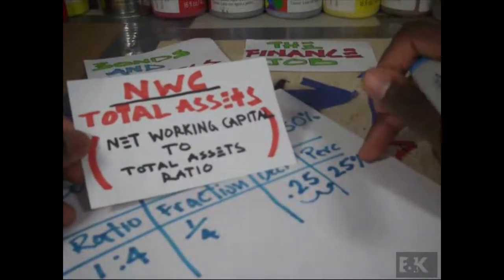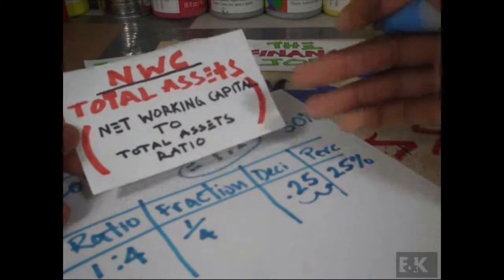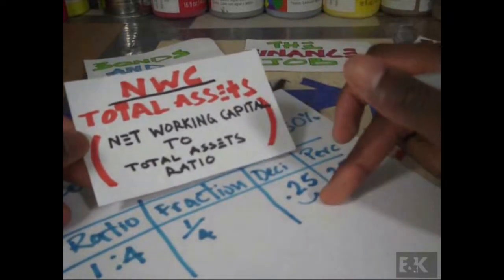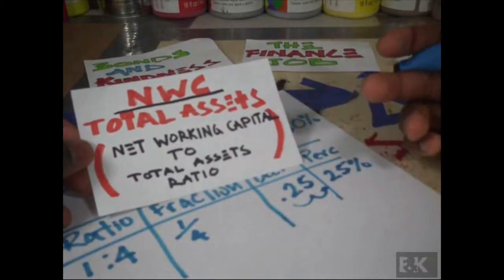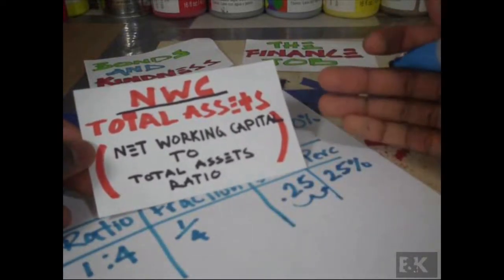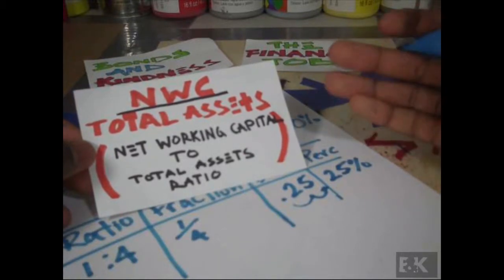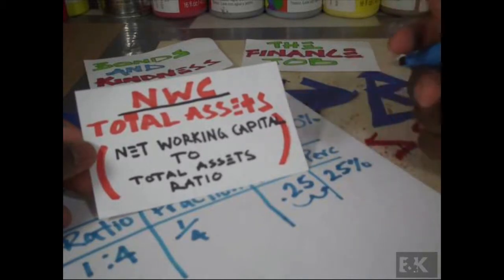What is this saying if we look in terms of percentage? That just means that if our result after calculating this ratio is 25%, we figure out the decimal value of it and then we translate it to percentage. What does that really mean? It means our net working capital that we will realize is 25% of our total assets.